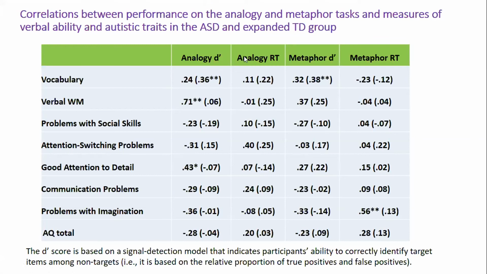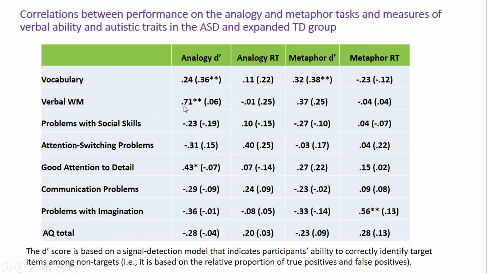A lot of the correlations are non-significant, but you can notice that vocabulary skills were moderately related to both analogical reasoning and metaphor processing in the typically developing group. There was quite a similar pattern in the autistic group, but this was not significant at this sample size.